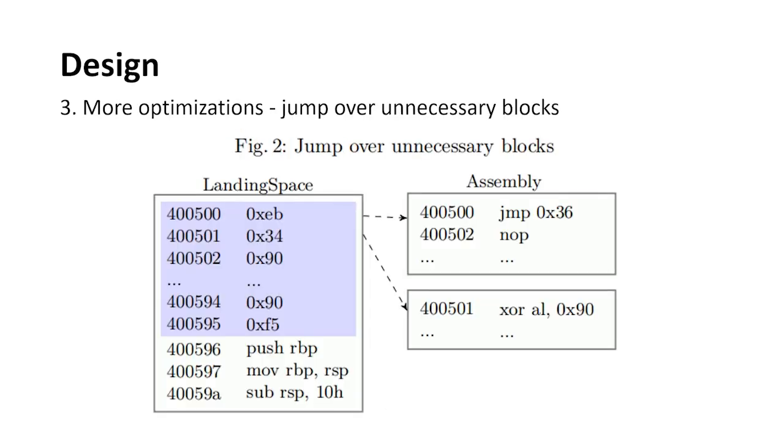However, the naive landing space also has some problems. The first is the execution of unnecessary instructions. Here is an example.